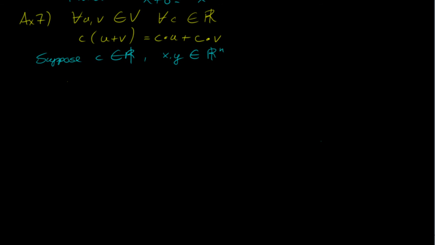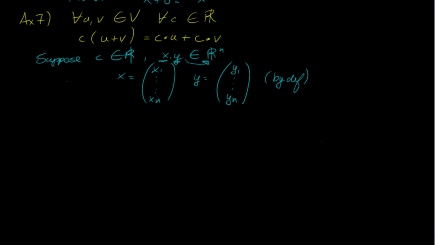Again, what does it mean if I say x and y belong to Rn? That means I can automatically write that x is equal to x1 through xn, and y is equal to y1 through yn. This is by definition.